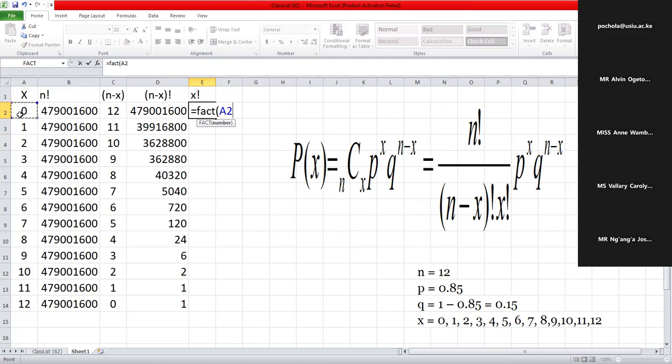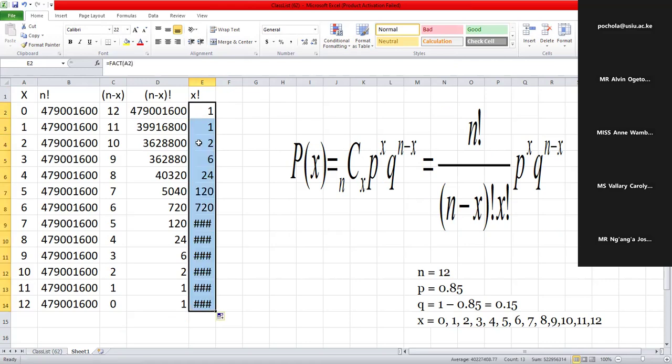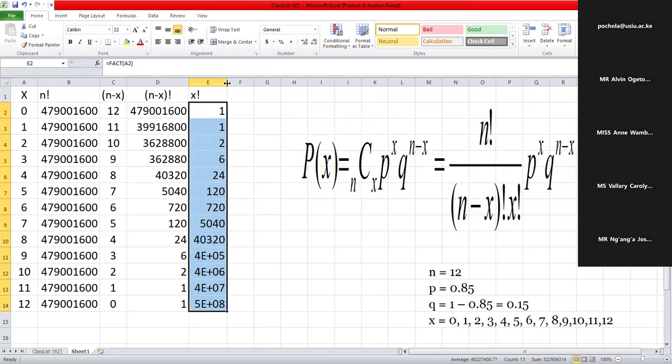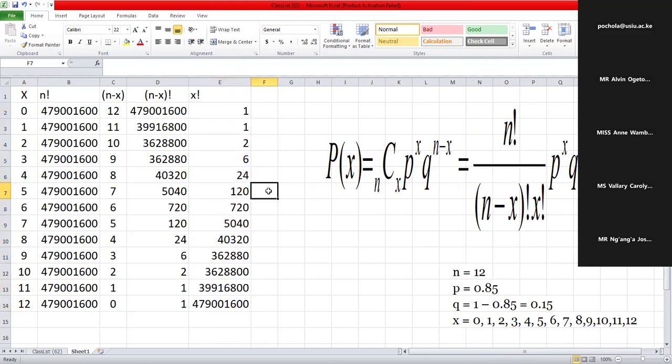When you use a calculator, you'll get the same. 0 factorial, of course, is 1. 1 factorial is 1. So that is my x factorial.